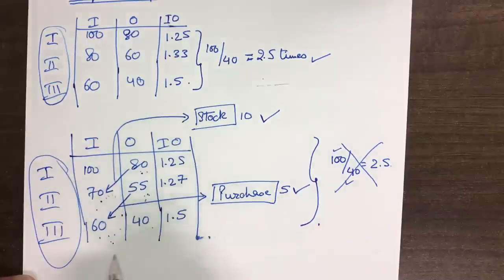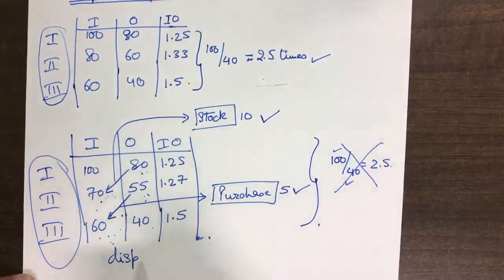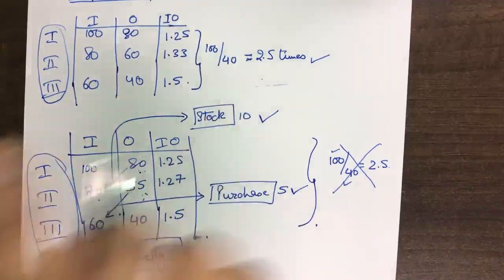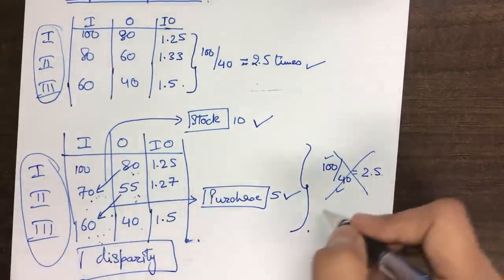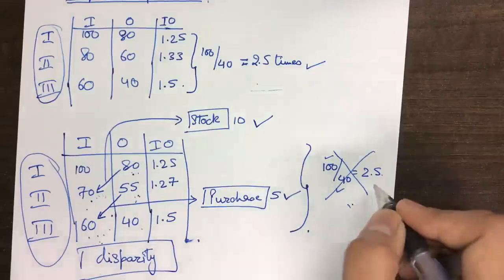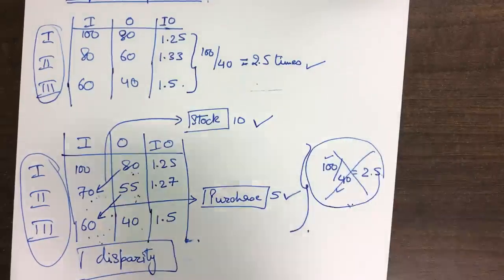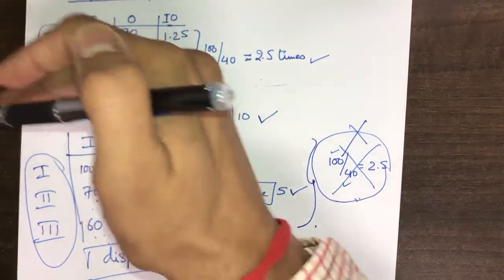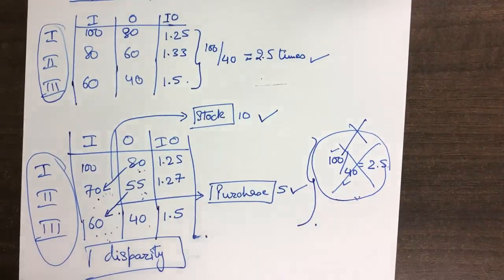So there is some disparity in the inputs and outputs, and therefore it is not possible to compute the input output ratio cumulatively like this. This is an incorrect way of computing the total input output ratio of the entire process.